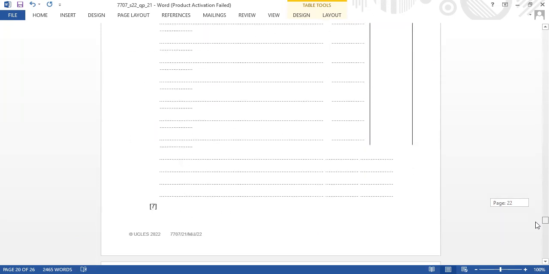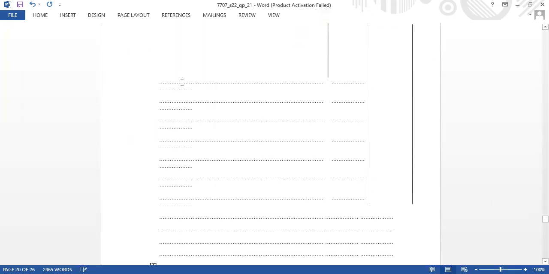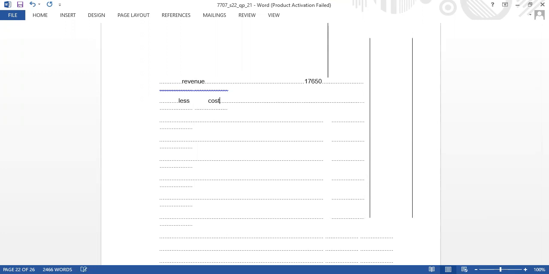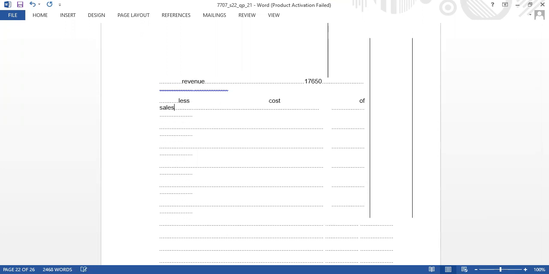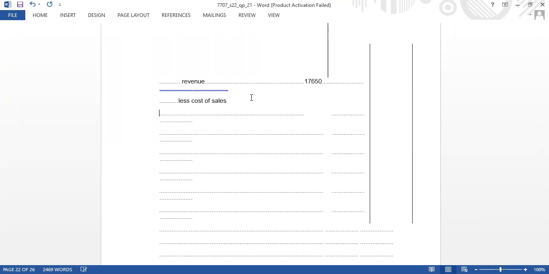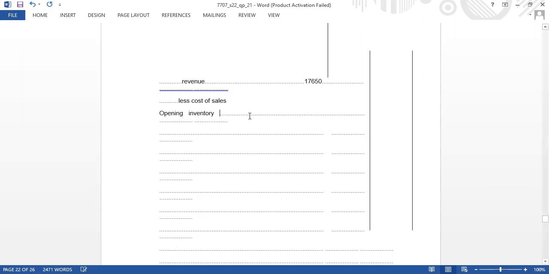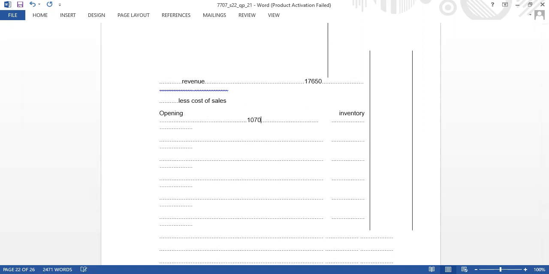So we'll calculate profit by revenue, that is 17650, less cost of sales: opening inventory, opening inventory is 1070.